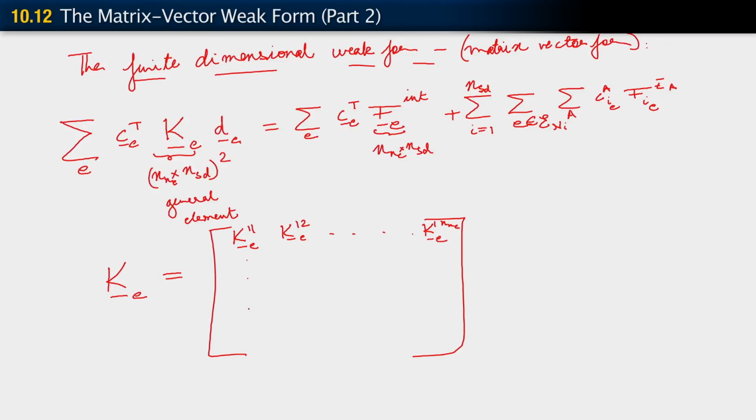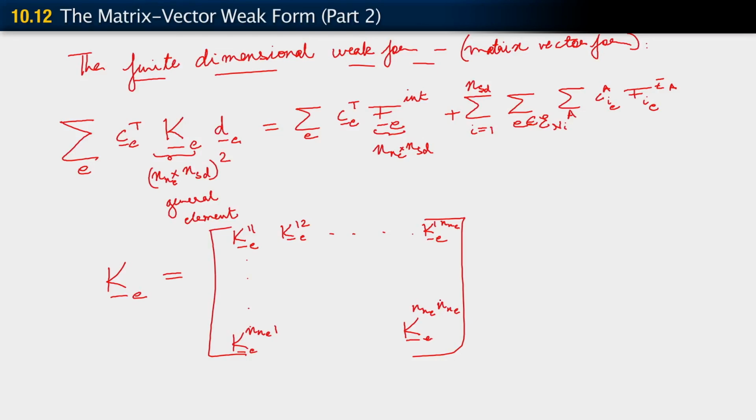It would come all the way down: you would have NNE rows, and this is K_NNE,1^E, where the 1 there is for the column, until you come all the way here to K_NNE,NNE^E.